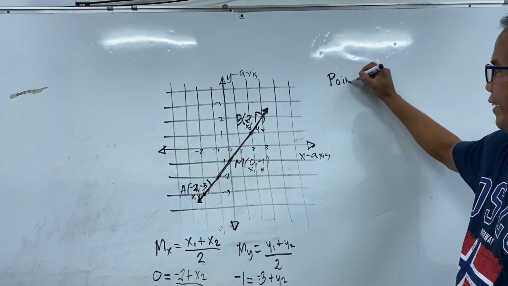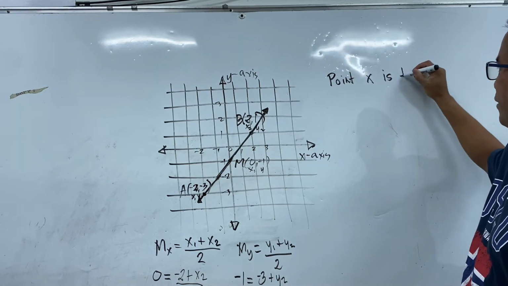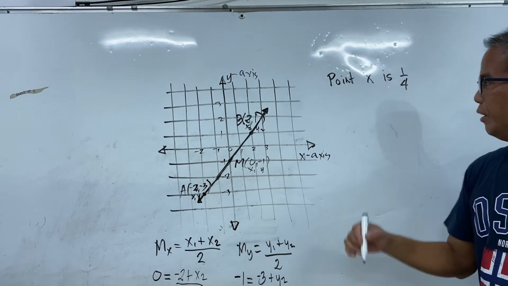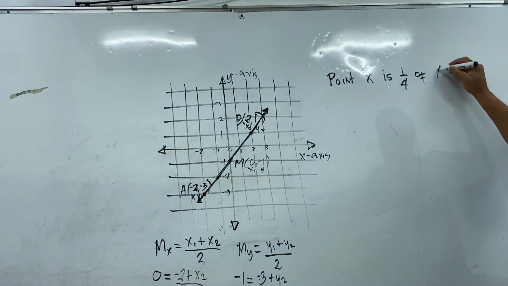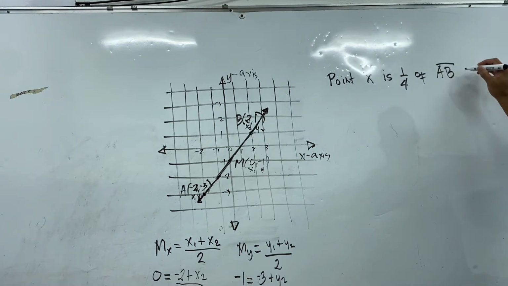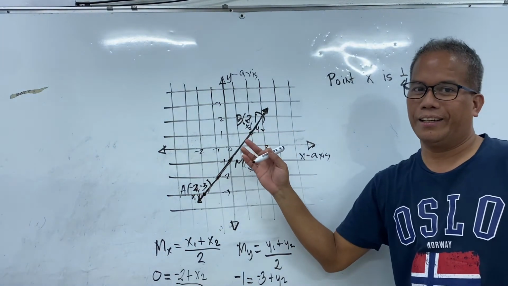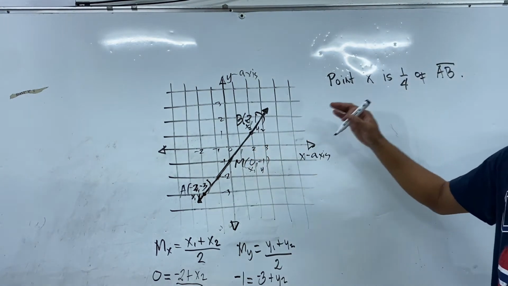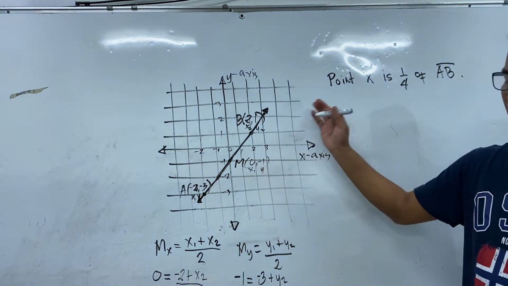Point X is 1/4 of segment AB. So this is segment AB from point A to B. So point X is 1/4 of segment AB.